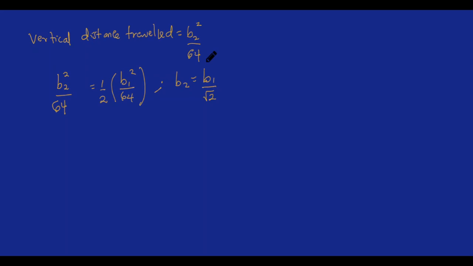So if we take a look at this, we've established that the ball is going to stop at some point in infinity. So to get the time, we need to have the sum total of the time for each of the bounces till it gets to infinity. So the time taken for the ball to complete the first bounce is b1 divided by 16. Let's write this as the total time taken for the ball to stop.